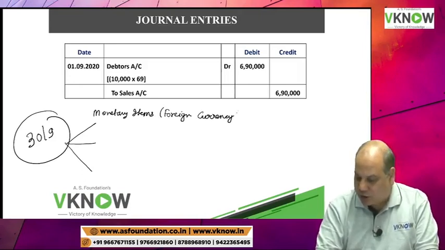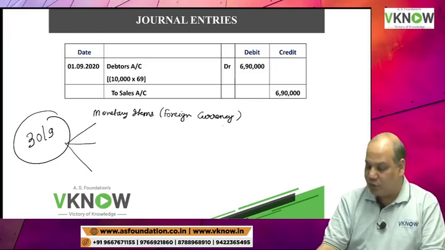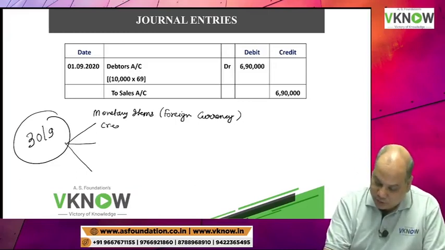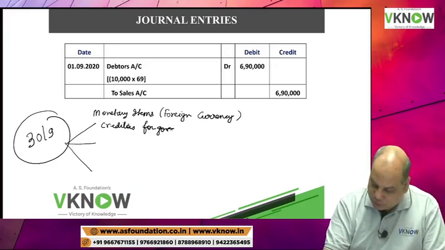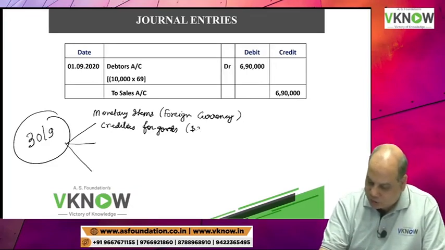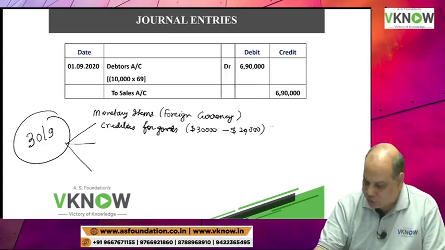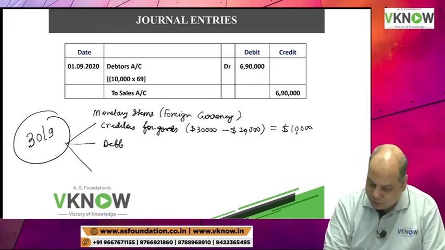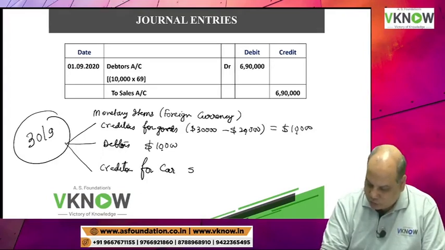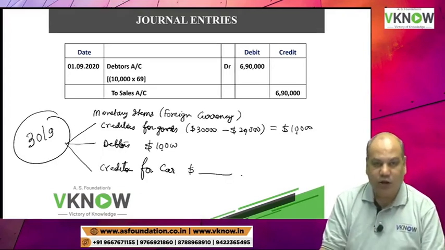So one is creditor for goods: $30,000 minus $20,000, so $10,000 is still payable. Then debtors $10,000, and there are creditors for car. So that is also a foreign currency item.